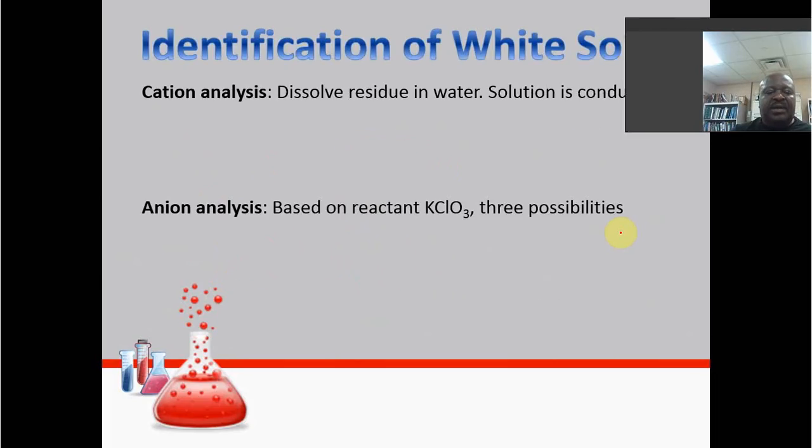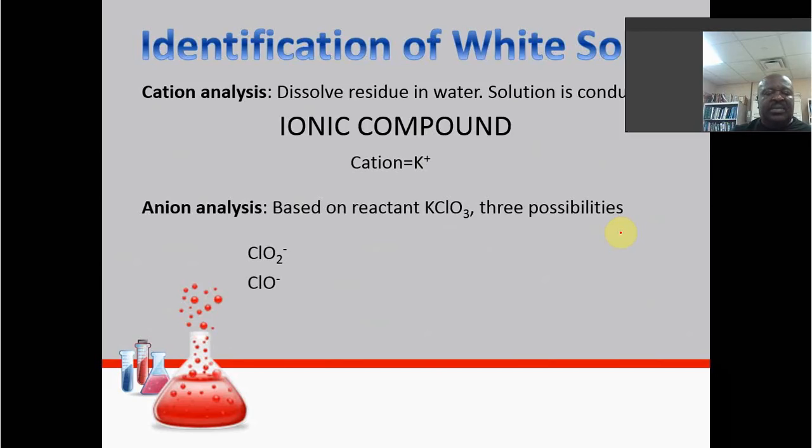How about the other part? The other part is an ionic compound. We start with the ionic compound potassium chlorate, so there is potassium and the chlorate ion from ClO3.